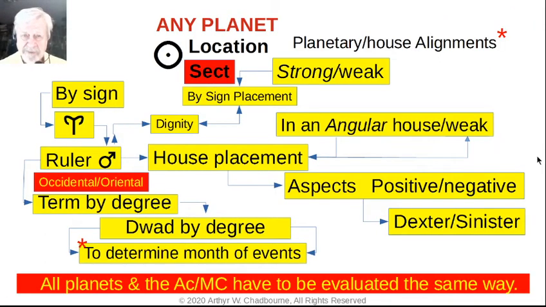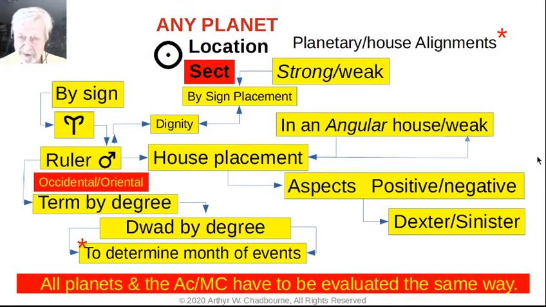So remember that when you're looking at a planet, you have to do all the things we just talked about. You have to know the location, what sector it's in, what sign it's in, what dignity it's in, what placement it is in. Is it angular or non-angular, which is strong or weak? By house placement, terms by degree is something we'll cover at a later time. The duads we covered today.